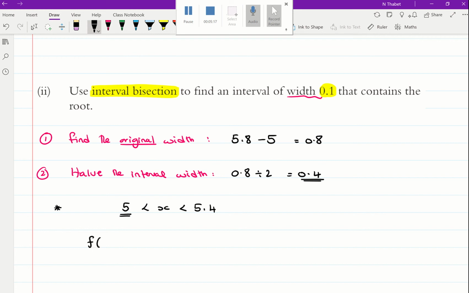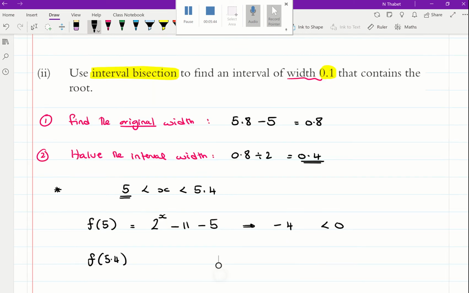And I'm going to substitute my values into the same equation, so that's 2 to the power of x minus 11 minus 5x. I know that this is going to give me negative 4 because I've already looked at it. That's smaller than 0.